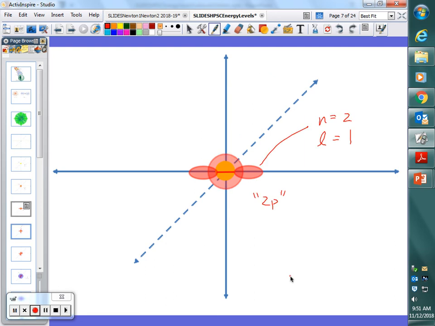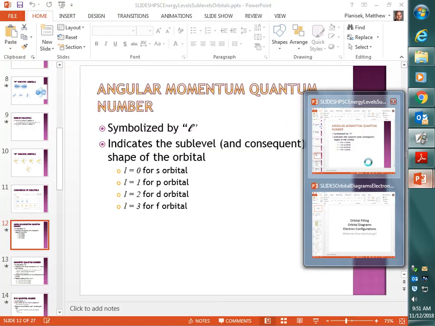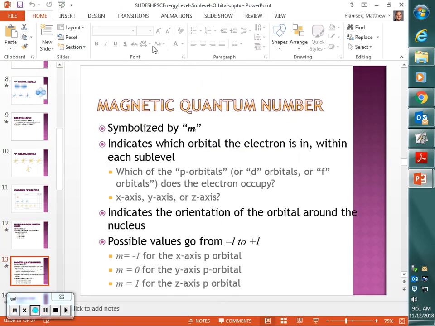So now we've run into a problem where we have two separate orbitals that have a similar energy level and a similar shape, and so these two quantum numbers don't tell them apart. Okay? And that's when we get to our third quantum number, which we call the magnetic quantum number.